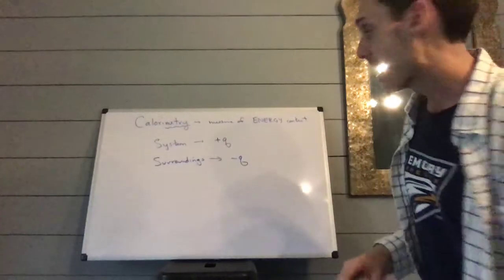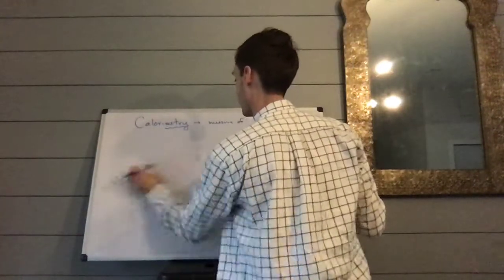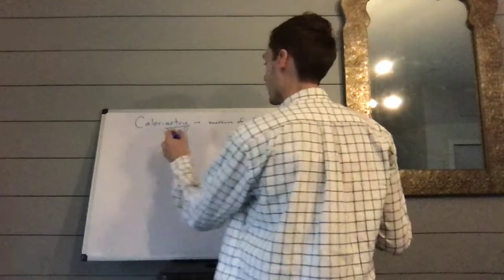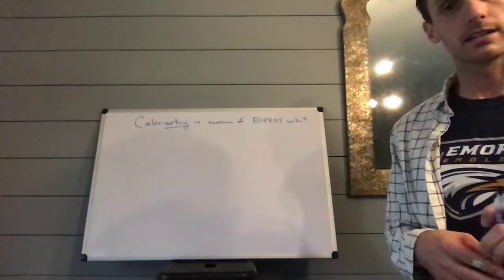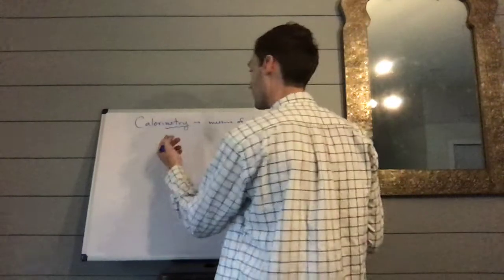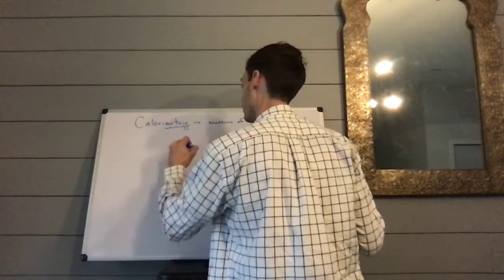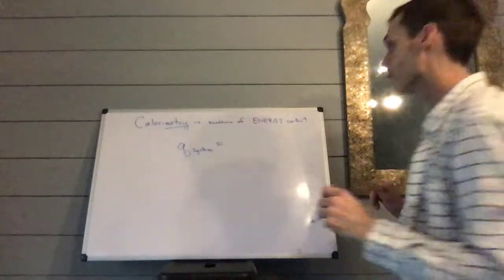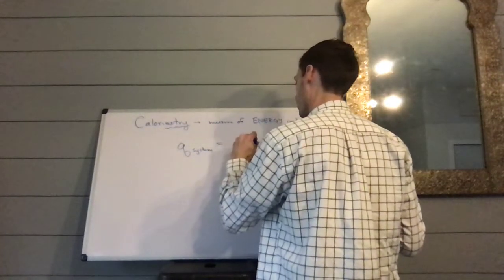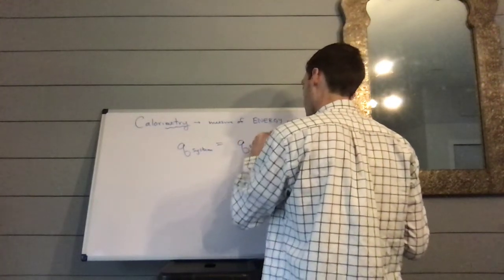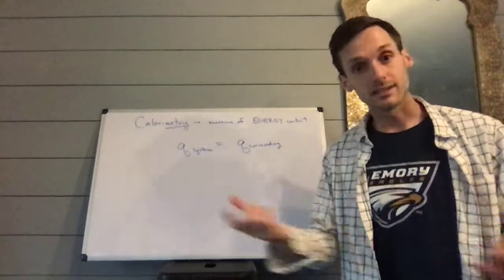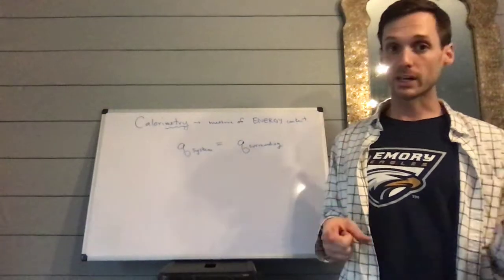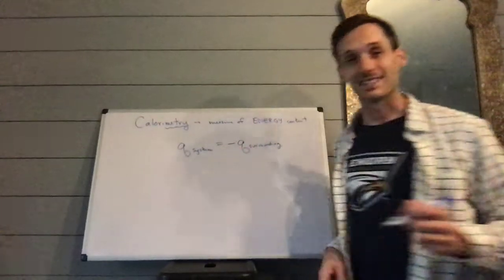Now, it's that fact that is the groundwork for our calorimetry equation. In order to measure the energy content of a system, you have to think about the system and the surroundings. So the Q of the system is going to be equal to the Q of the surroundings, because all of the heat that a system acquires must have come from the surroundings, so they have to be equal, but with opposite signs.